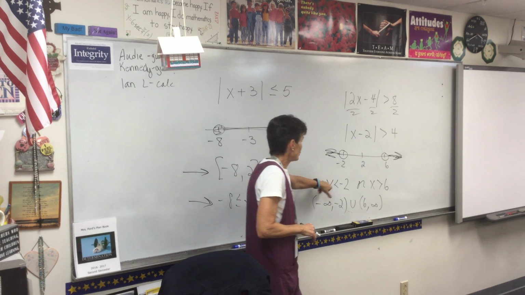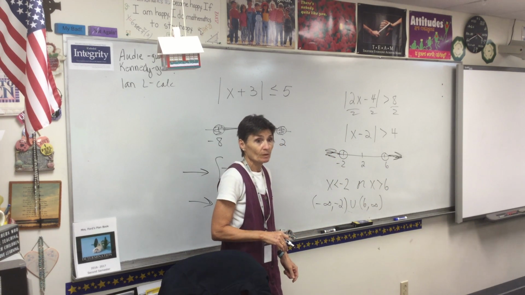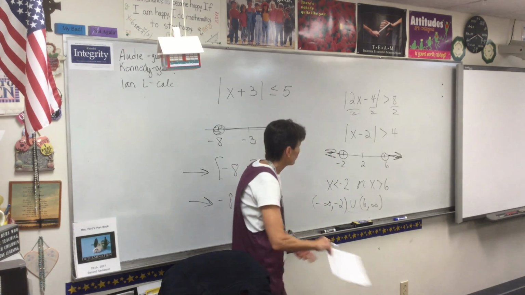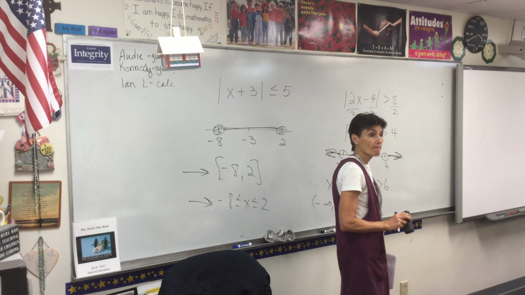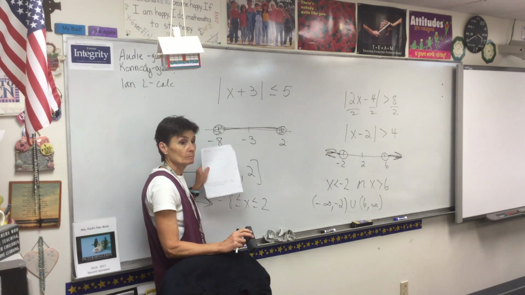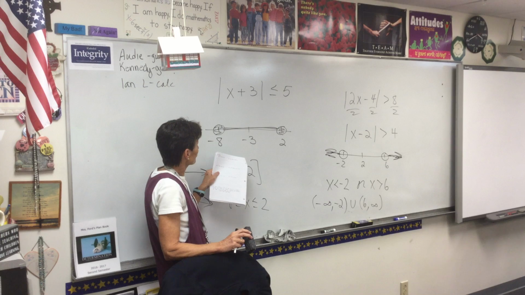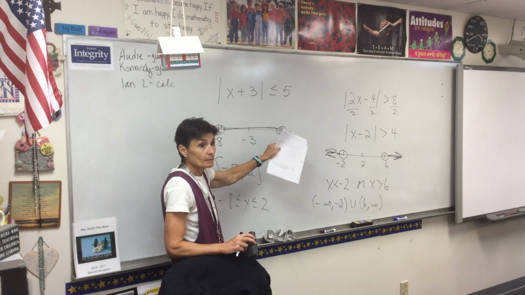Less than negative 2 or greater than 6. That's the way we're going to write our answer. Okay? Now we're going to do one more problem. So for that problem, you would make it x minus negative 3. And then they do negative 3, but on that one, it's x minus 2.